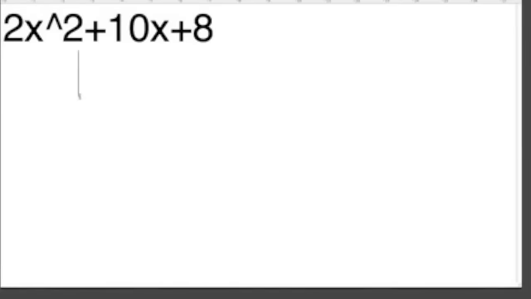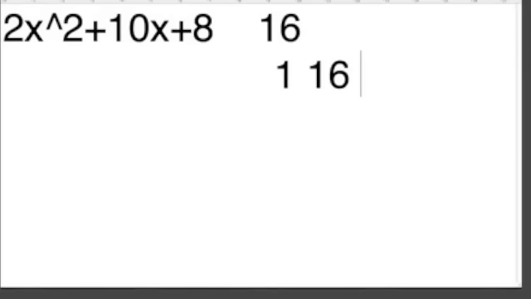So you would first multiply 2 times 8, which is 16. So put that off to the side. Then you would look for numbers that when added equal 10 and when multiplied equal 16. So let's think of the multiples of 16.